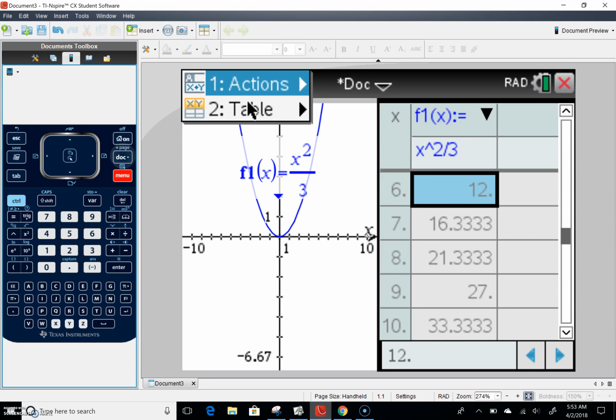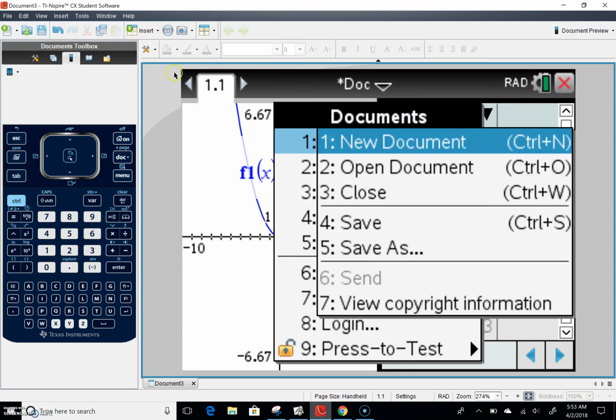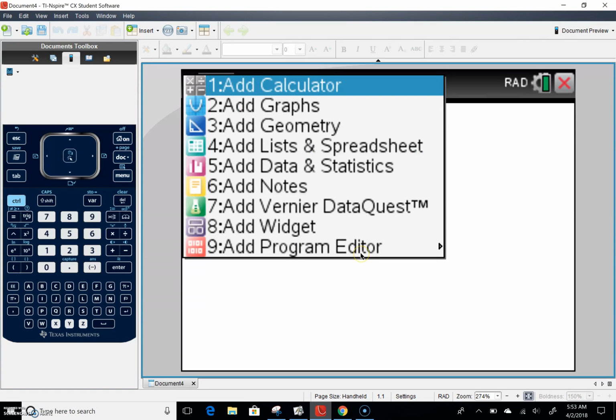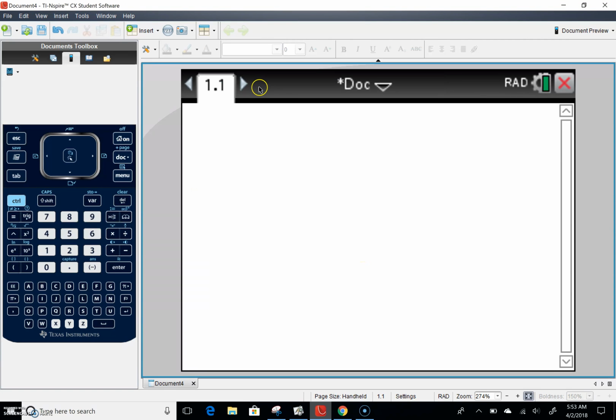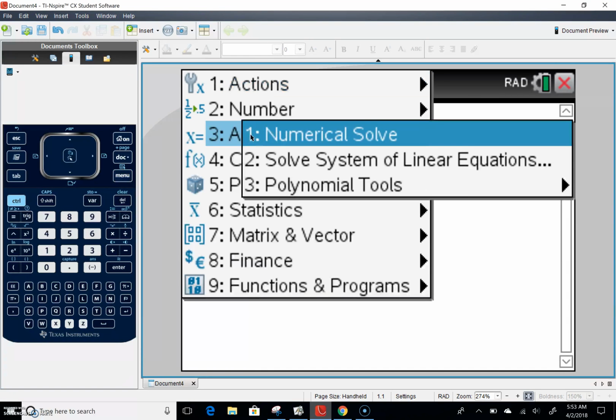Menu, new documents, no. I'm going to add a calculator now. Because I'm solving for x, I'm going to use algebra.